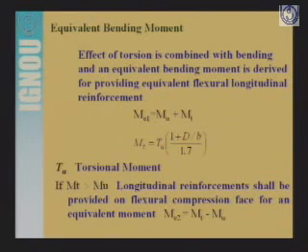Here the effect of torsion will be combined with the bending, and an equivalent bending moment will be calculated for providing equivalent flexural longitudinal reinforcement. Earlier we were providing longitudinal reinforcement from the flexure point of view; here torsion is also added. So we will call it equivalent flexural longitudinal reinforcement, and this equivalent bending moment Me1 will be equal to Mu plus Mt.